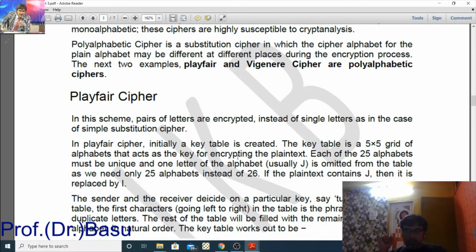What is the system all about in the Playfair cipher? 25 alphabets must be associated with this system, and only one will be left. One letter of the alphabet, usually J, is omitted, because the number of letters is 26, so one letter must be omitted. With these 25, we will have a 5 by 5 grid, a table.